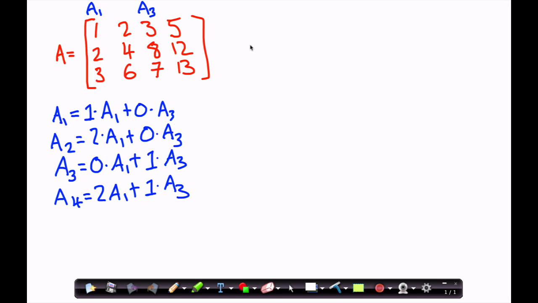Okay, so now let's let X be the matrix consisting of the first and third column of A. So this is going to be the matrix whose first column is 1, 2, 3. And second column is 3, 8, 7.